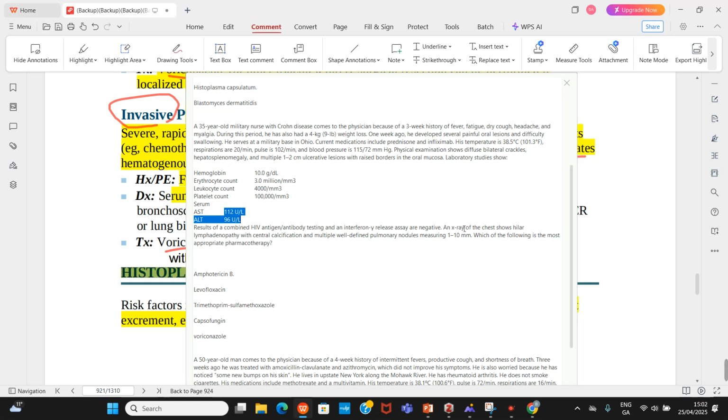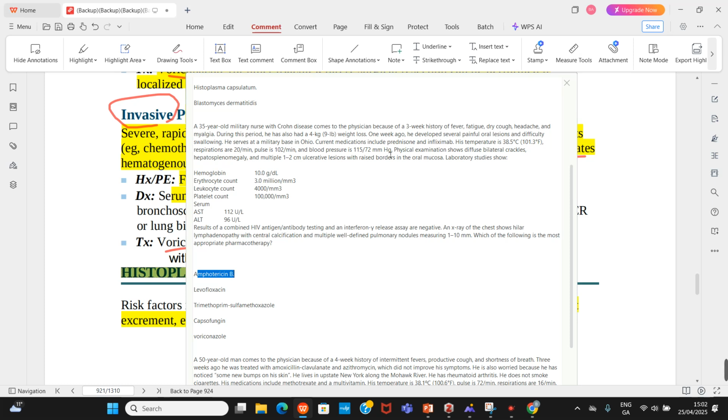And the X-ray is also showing affectation of the lungs, nodular lesions in the lungs. So the only thing that can cause hepatosplenomegaly, pneumonia-like lesions, oral ulcers, in somebody living in Ohio, is likely to be this. So this is disseminated. So this guy would benefit from liposomal amphotericin B.